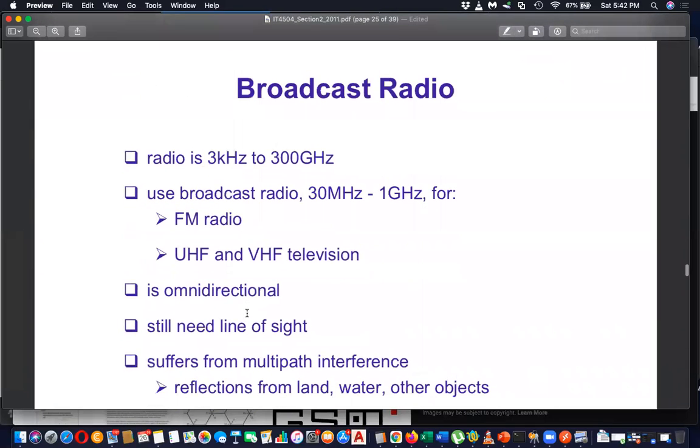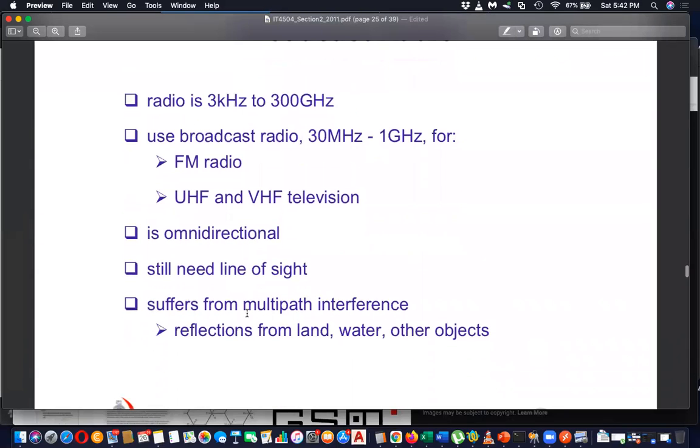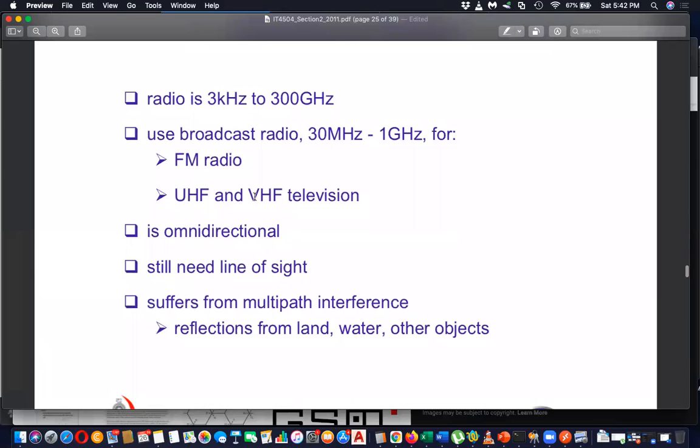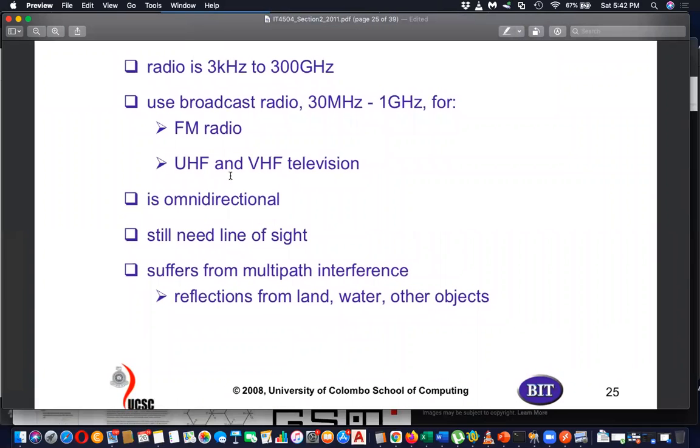This is how broadcast radio works. Radio uses UHF, ultra high frequencies, and VHF, very high frequencies. So which is more clear, UHF, VHF, or FM? Yeah, FM is more popular, the frequency modulated one. There's another one called AM, but AM has more noise. AM is subject to noise.